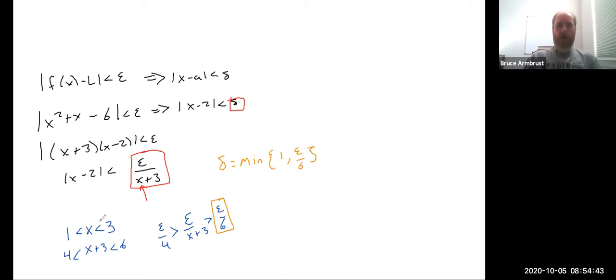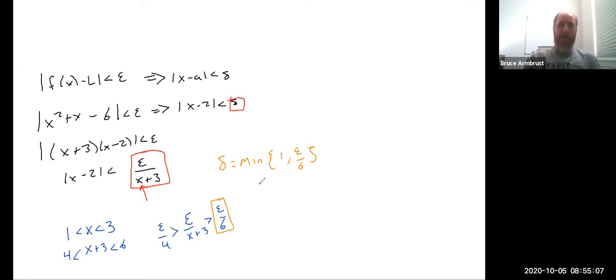Now, choosing 1 was completely arbitrary. I could have gone a half, so I could have had x between 1.5 and 2.5. Done exactly the same thing. I would have gotten a different number for below my epsilon, but then my minimum would have been 1/2, comma, epsilon over whatever it happened to be.